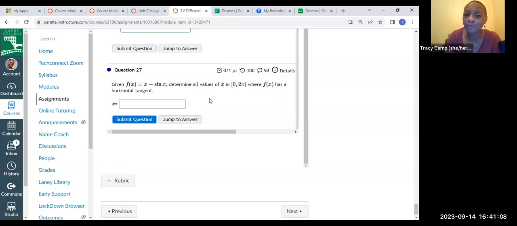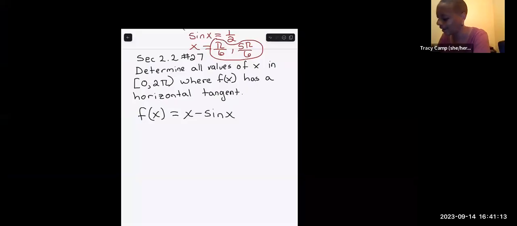So I'm going to use that same rule that the derivative of a constant times x is just the constant. So recognize that you have a 1x here.